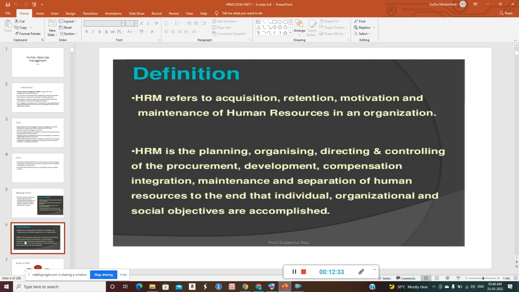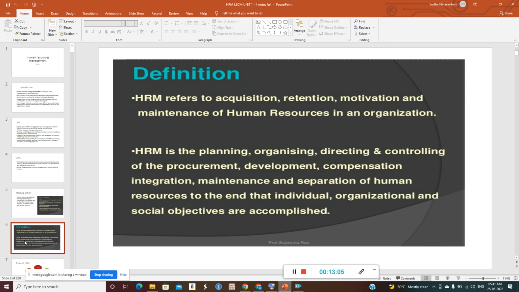Human resources management works with other management functions, which include staffing, planning, organizing, directing, controlling, and procurement. Procurement means recruiting personnel who can work according to the organizational culture.